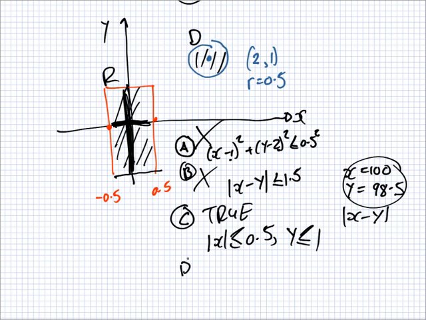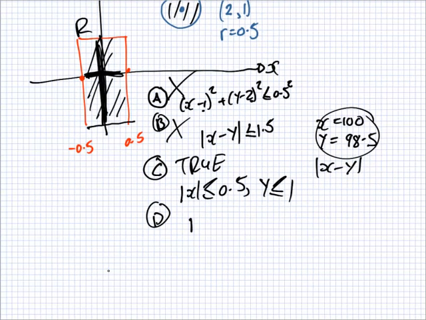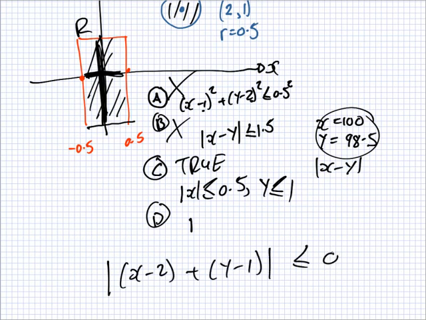D. D is going to be false again. We can do the same trick that we did in B. Look. I could pick a really big x and a really big y.